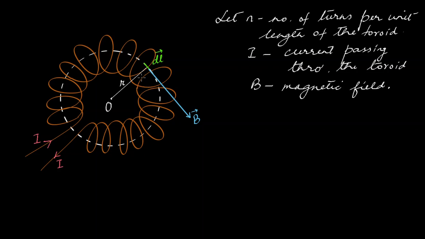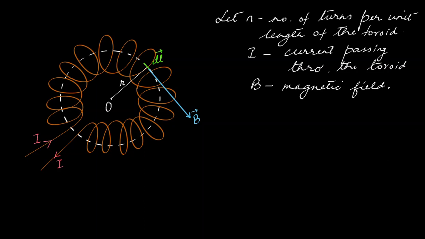All right. Now in this circular loop, we are considering a small length of the loop, dl. And this small length is at a distance r from the center of the loop, which is actually the radius of the loop. Got it?